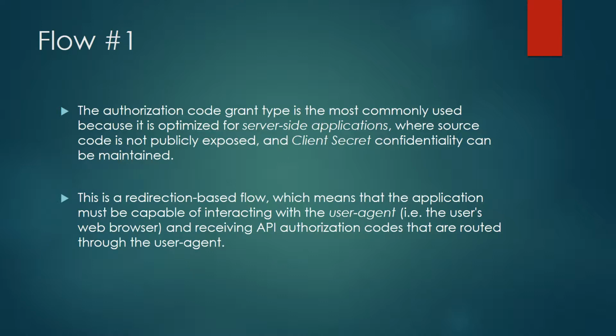So we are talking about web browsers here, accessing OAuth and resources using the web. The user agent is basically nothing more than how our browser is represented through a network.